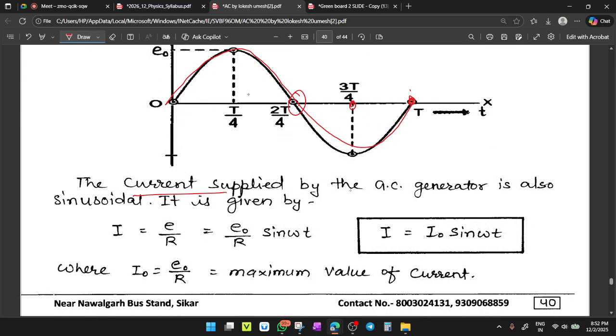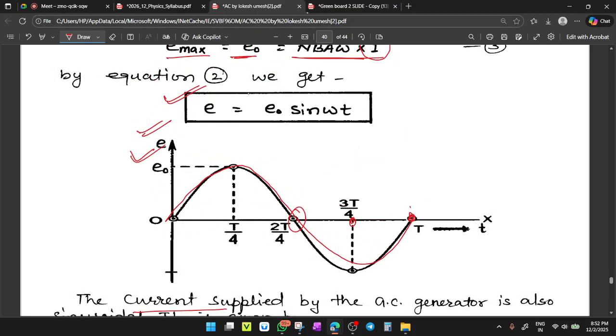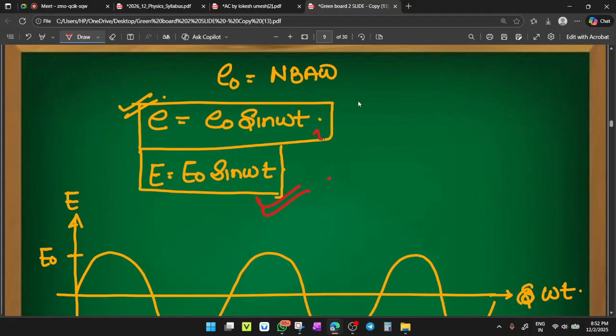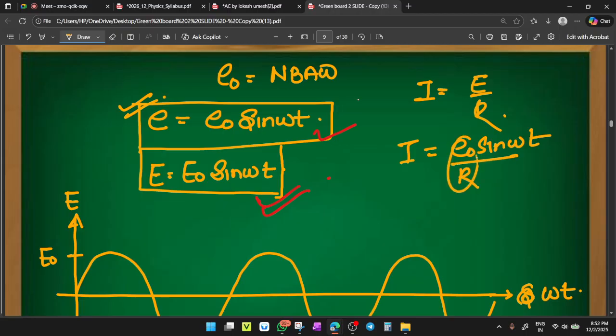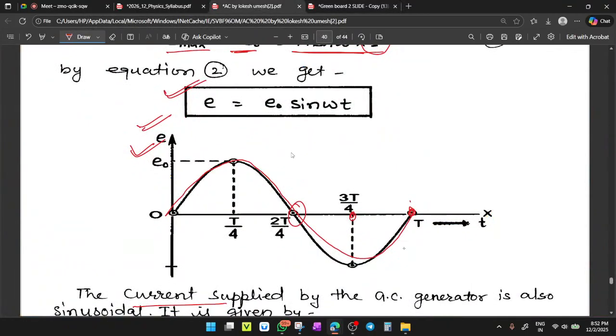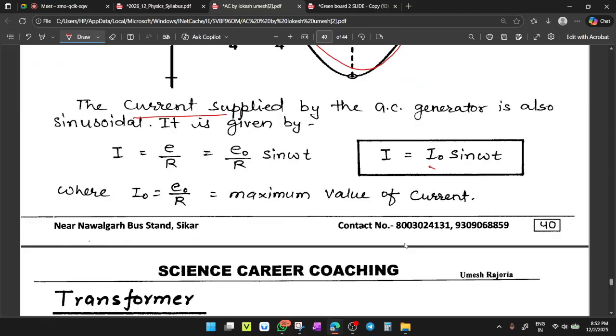The current supplied by the AC generator is also sinusoidal. Now, this is alternating EMF: we have E equals E naught sin omega t, and you know I equals E by R. So I equals E naught sin omega t divided by R. E naught upon R becomes I naught, so I equals I naught sin omega t.